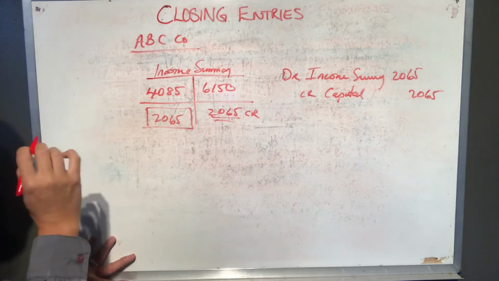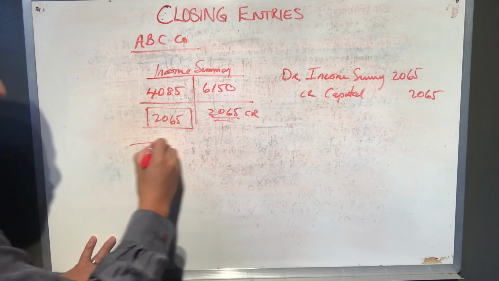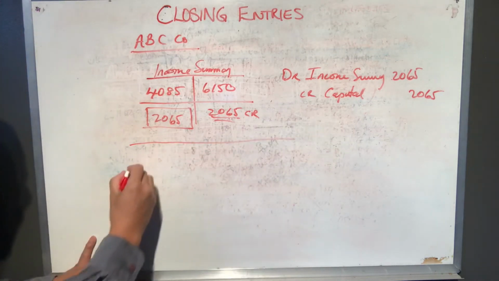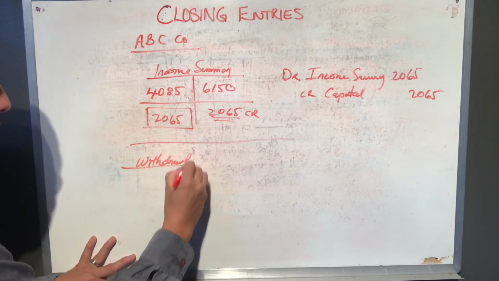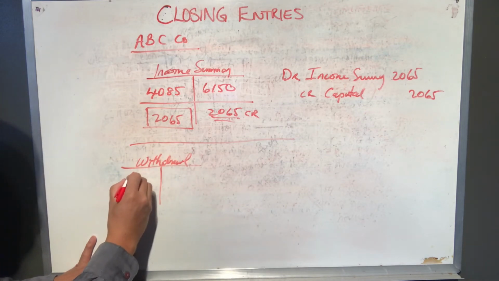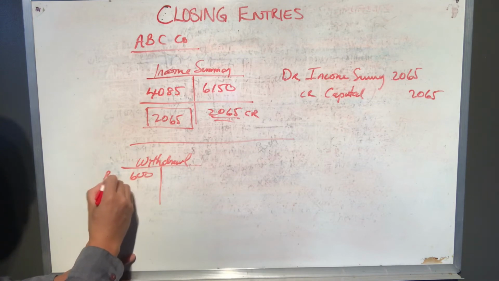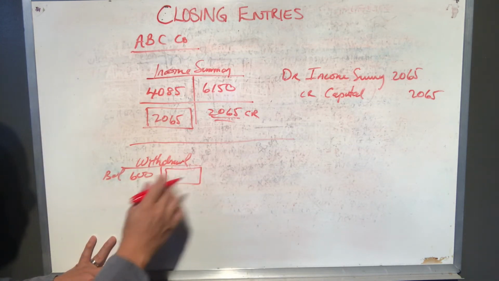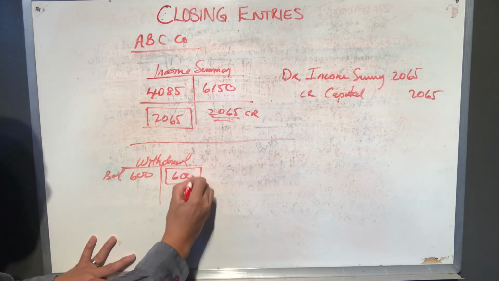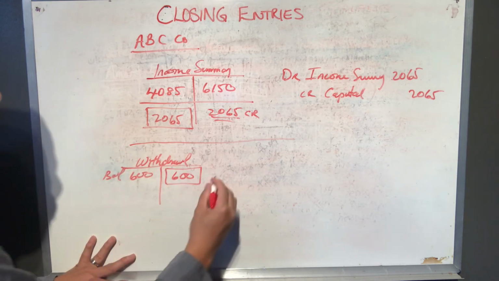Now, remember, step 4 is then to close out the withdrawal account. Let's say, for example, withdrawal has a balance of $600. So we would need to make an equal and offsetting journal entry to close that out.